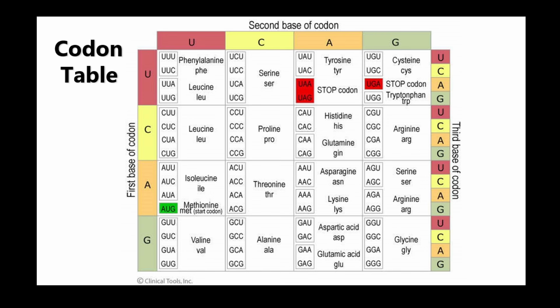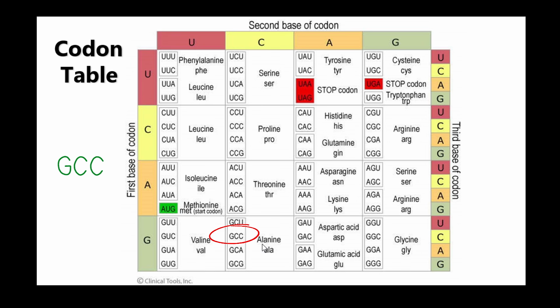How about GCC? Can you try finding the amino acid corresponding to GCC? If your answer is alanine, that's correct because we have G, C, and C. This is GCC, alanine.